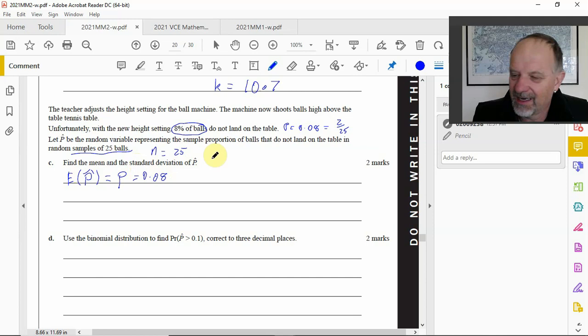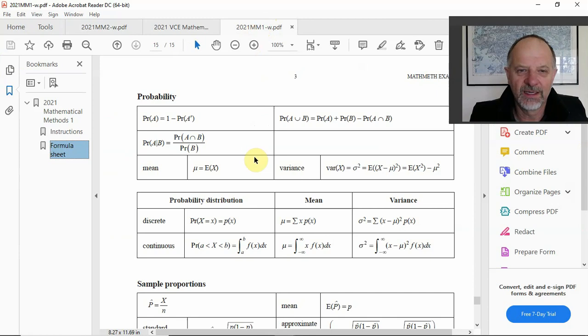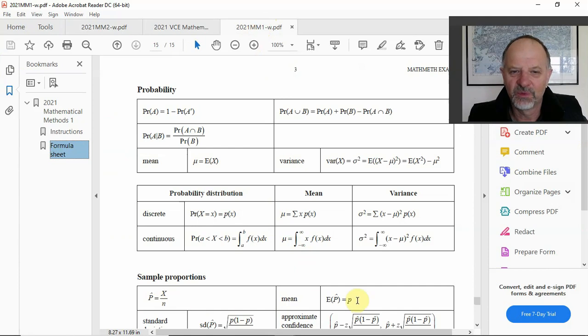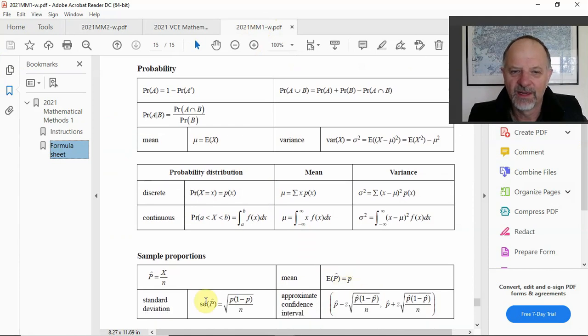Now, they have asked for exact values, so again, it's debatable. Is 0.08 okay, or do we have to know 2 on 25? All right, so this is on the formula sheet. So make sure you look at the formula sheet. Here it is: proportions, mean of the proportion, and a standard deviation. So I'm using these.